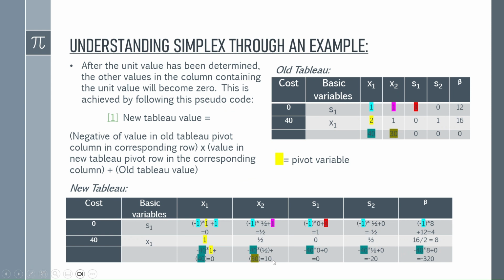Since this is positive, the optimality is not yet reached. For optimality to be reached, we need all the elements in this row to be zero or non-negative.